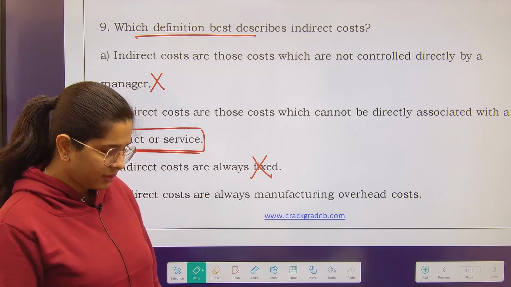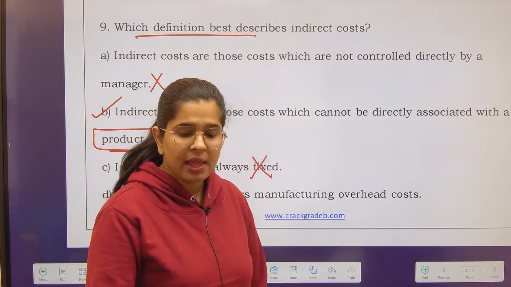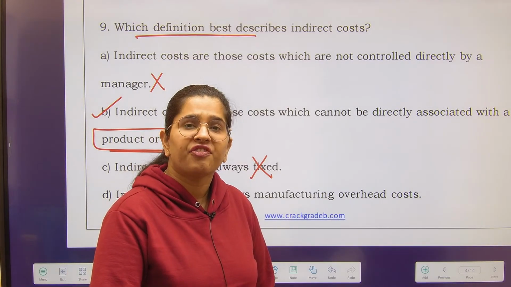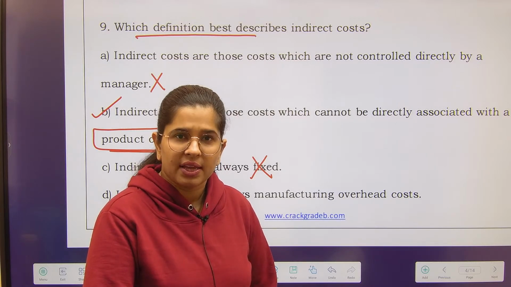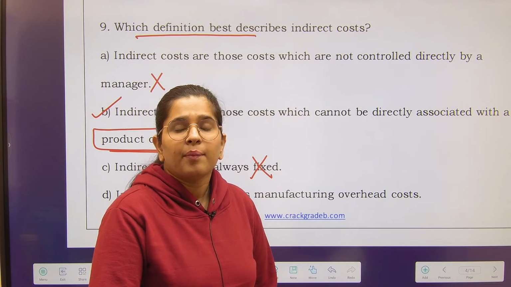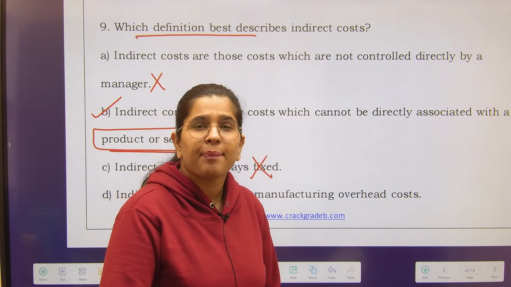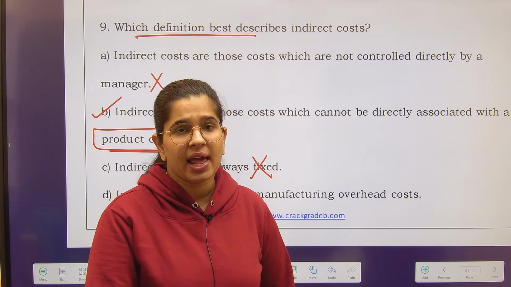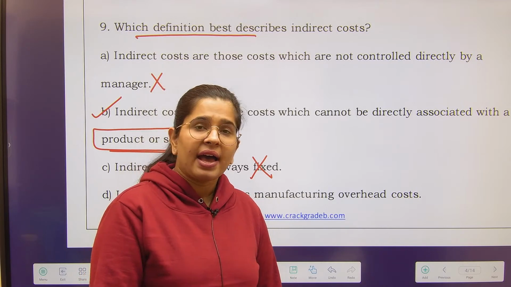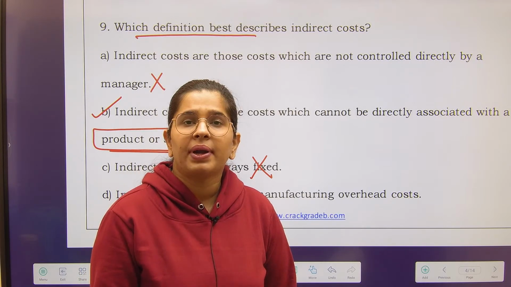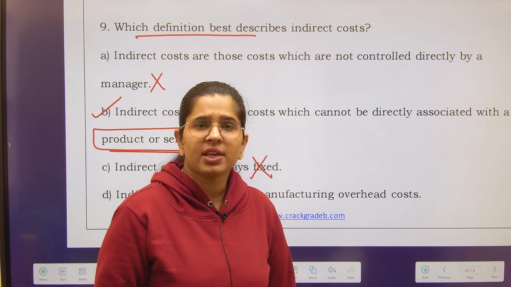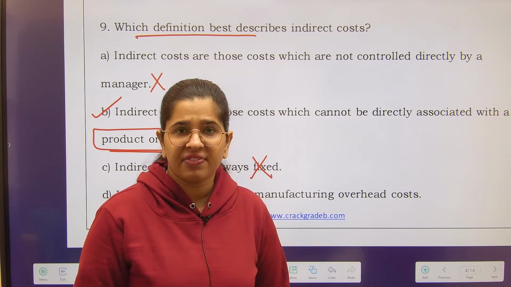For example, paying the rent of the factory building is a fixed expense, right? And buying papers for printing and stationery is a variable expense. As your turnover grows, printing and stationery expenses will also grow. They never remain fixed.